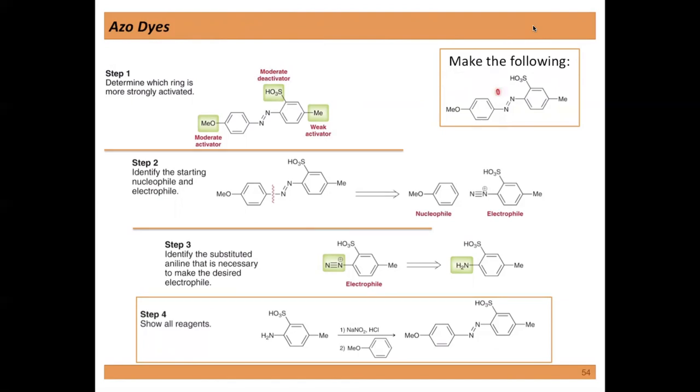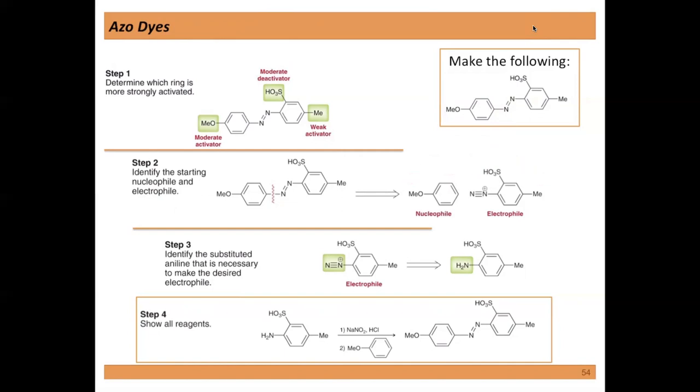Since that is going to be my activated group, that's the part I'm going to pull off, which means the rest of this molecule is the one that has the diazonium on it. So if you have a synthesis that you need to make this molecule, separate off the part that has the electron donating group, and that is going to be your nucleophile. So you can see that we're going to disconnect there. And so our two parts that we want to couple together would be those.